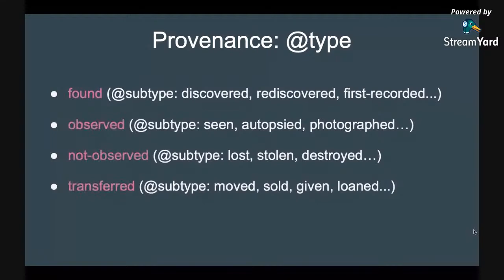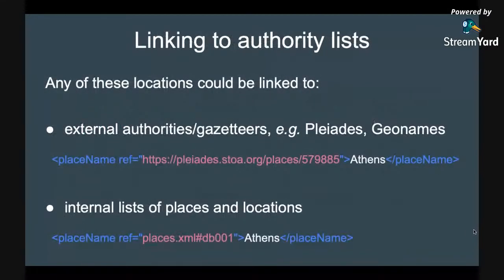And all the places, either if they are in the TEI header, so the cases that we have seen now, or if they are inside the text, so mentioned inside the text, and also repositories that we have not seen here but are still in the TEI header, all those places can be linked to authority lists, which can be external, as in the examples that we have just seen, and in the first example in this slide.